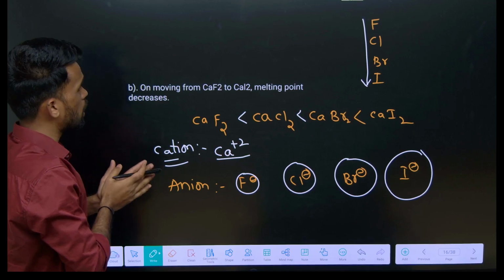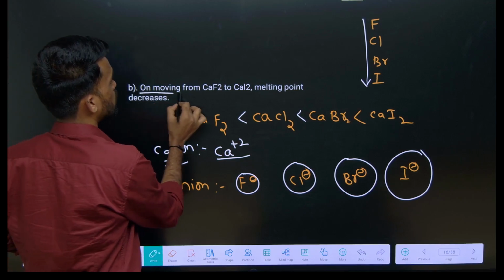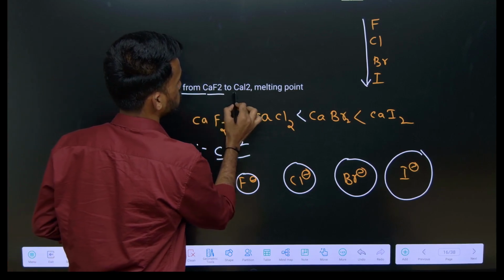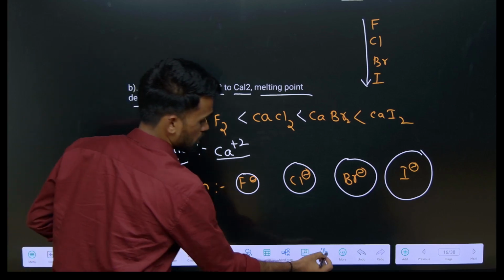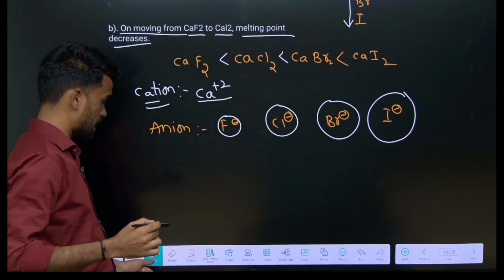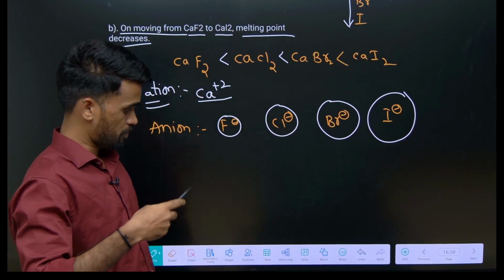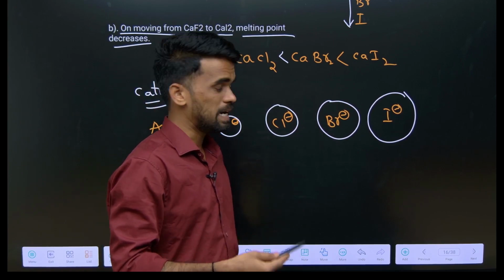Now here I have mentioned that on moving from CaF2 to CaI2, melting point decreases. Why does this happen? We have just studied that ionic compounds have higher boiling and melting points.